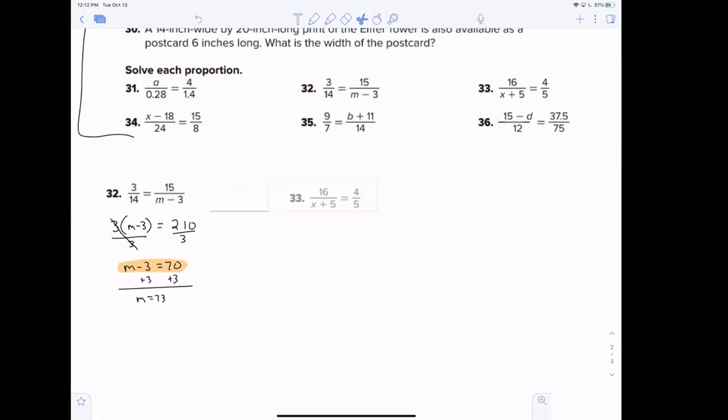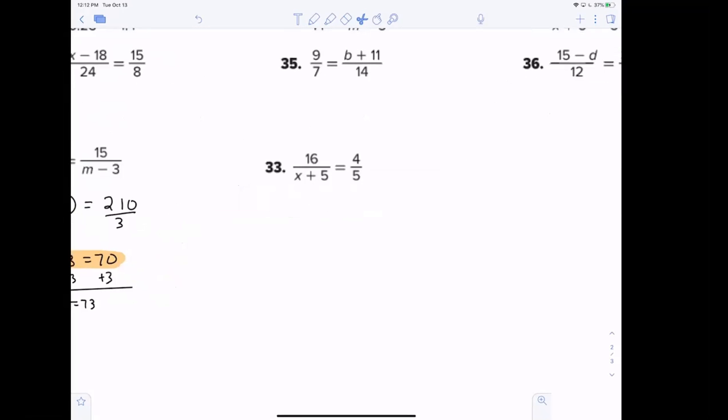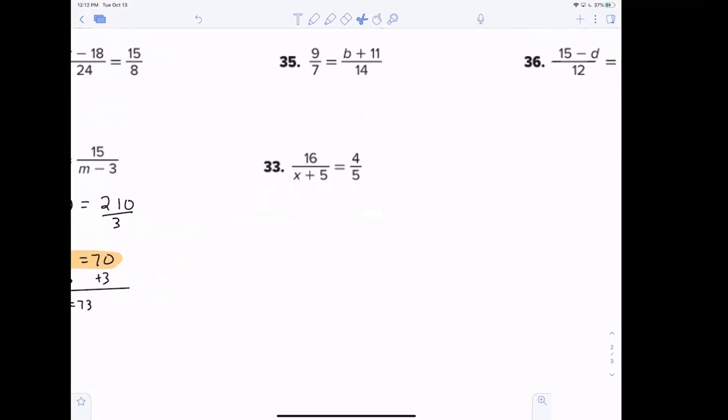All right, here we go. Listen, cross multiply. Luca, tell me what to multiply. You would multiply 5. What's that? 80. And then cross multiply the other way. When you cross multiply, I want you to write 4 parentheses x plus 5.